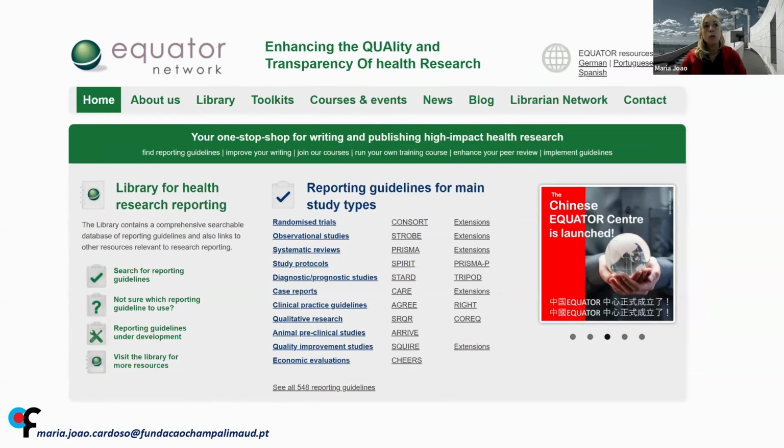And for that, we have the CONSORT reports for randomized trials with several extensions. So the CONSORT is mainly a report for randomized trials, but we have it for non-pharmacological trials. We have it for AI trials, so we have all sorts of CONSORT considerations for publication.